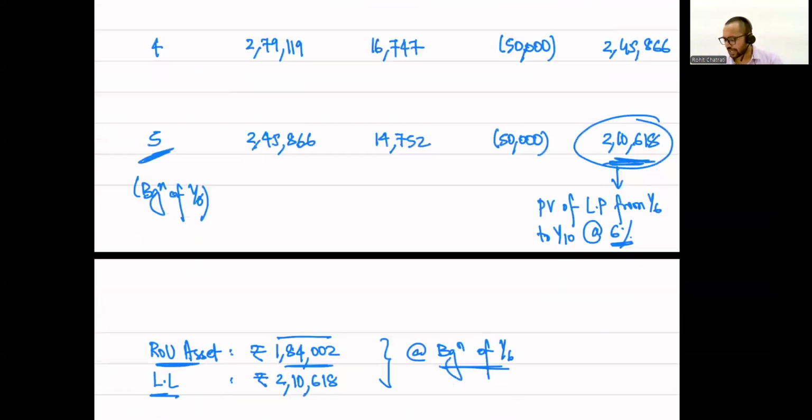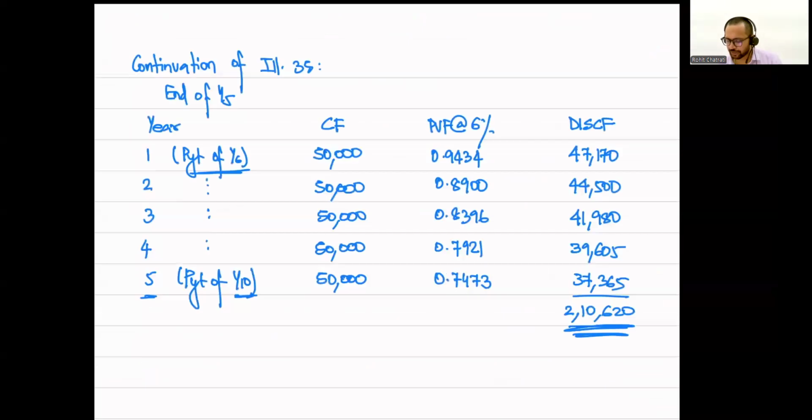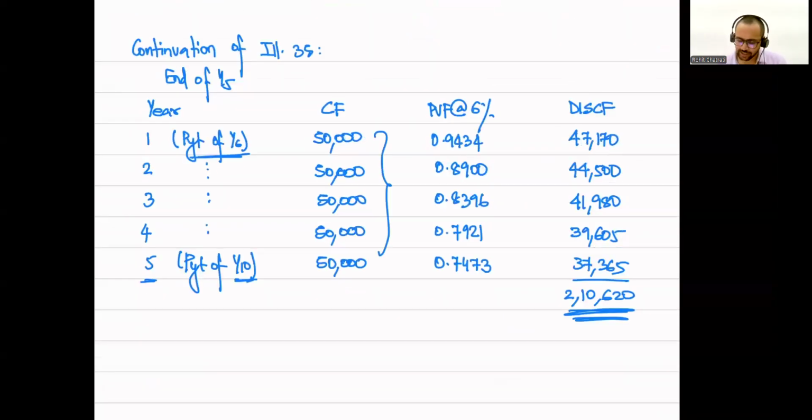What I've done over here is calculate the present value of all the remaining lease payments of 50,000 from year 6 to year 10. I discounted it at 6% and I got the same 2,10,620. There's a minor difference, which is obviously on account of rounding.